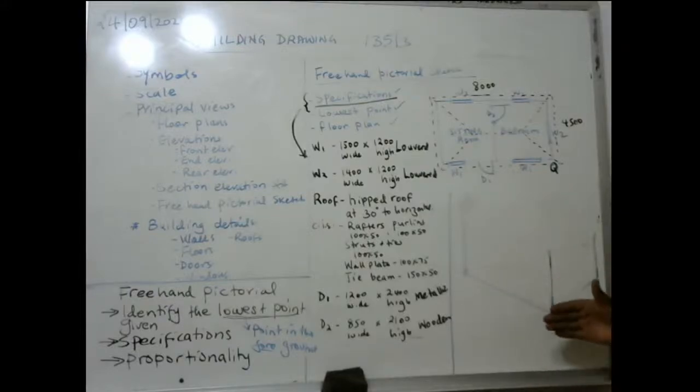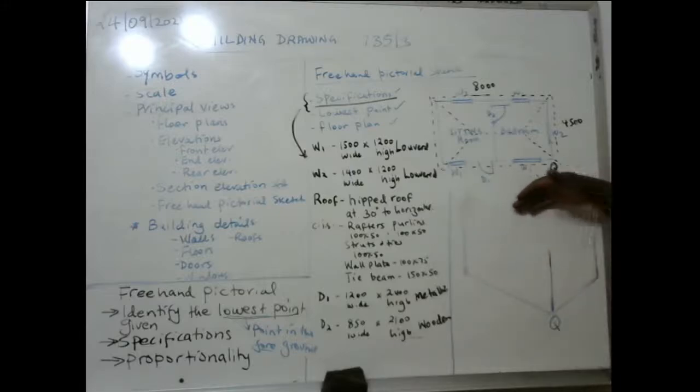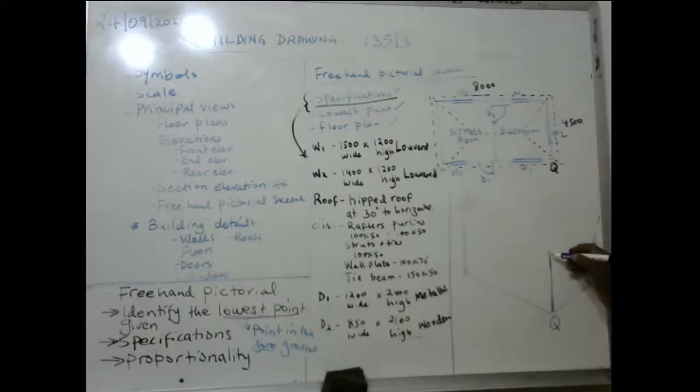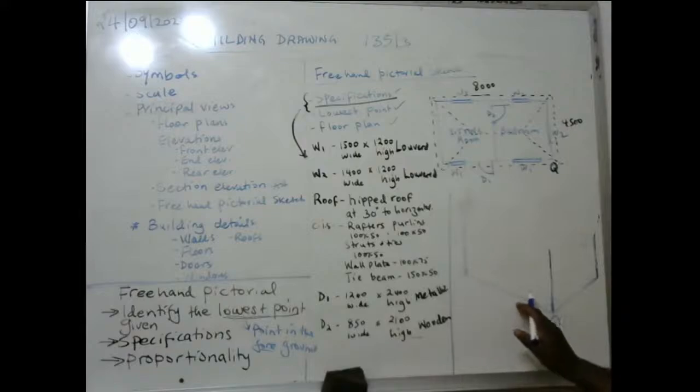Then all these other points go into what we call the background. So if this is Q, then we have to have it in our minds that these are the measurements. Probably this one is 8,000 and this one is 4,000, without necessarily taking the measurements. You don't have to take the measurements.